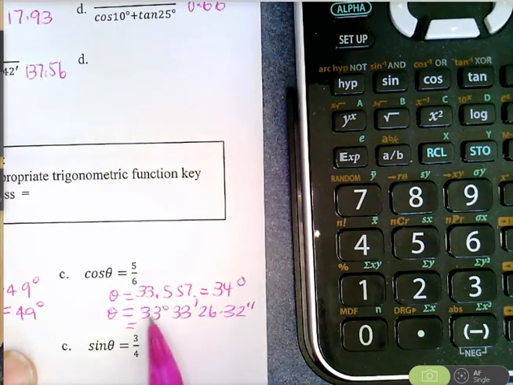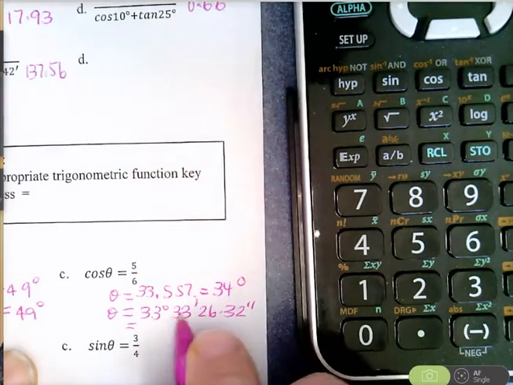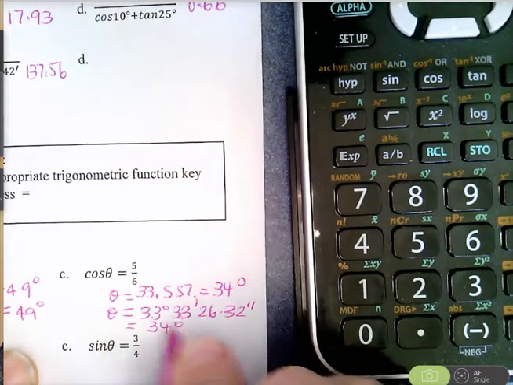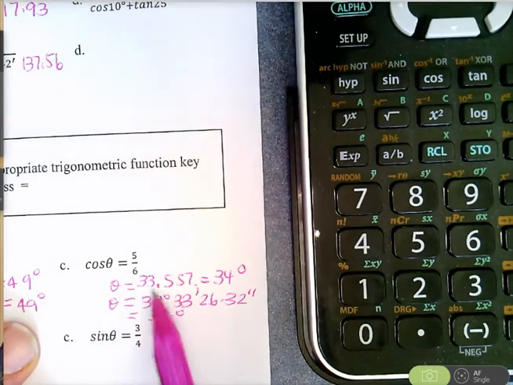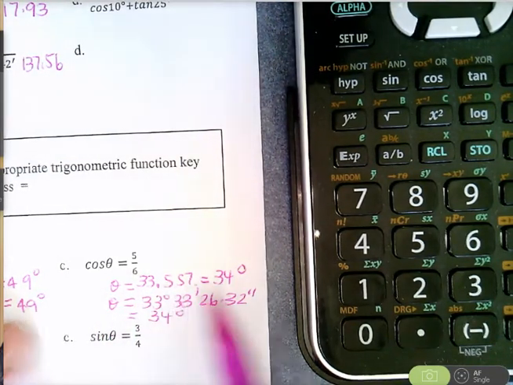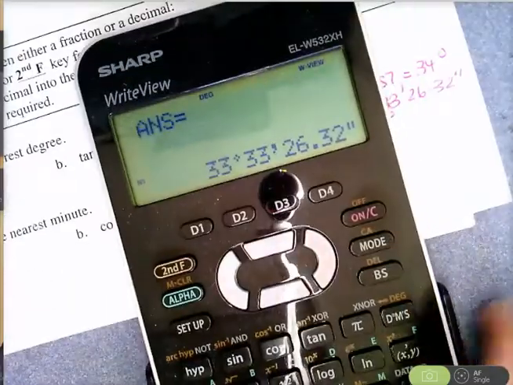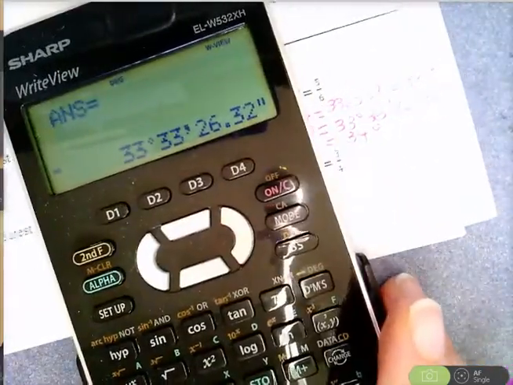If I want to round to the nearest degree, I look at minutes. 33 minutes is more than halfway, so it rounds up to 34. But if you're rounding to the nearest degree, as I said again, just keep it as a decimal and round it as a normal decimal number. So the answer to that was 34 degrees.